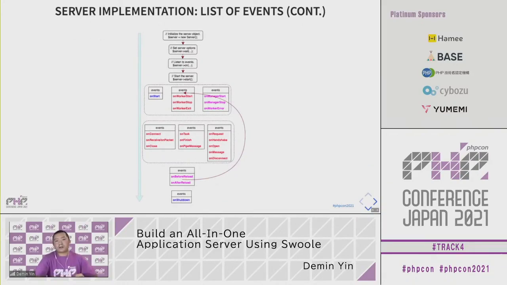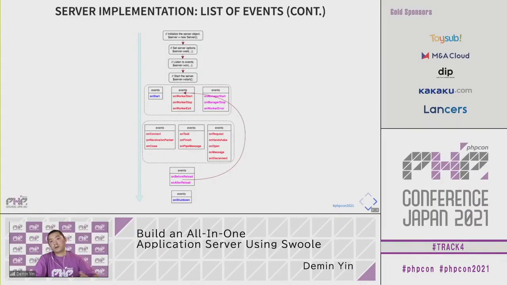But don't worry about it. Even though you see so many events here, you don't have to know most of them, because in many cases we don't need to use them. Some events are just for specific servers, like when you need to build a WebSocket server or a UDP server.